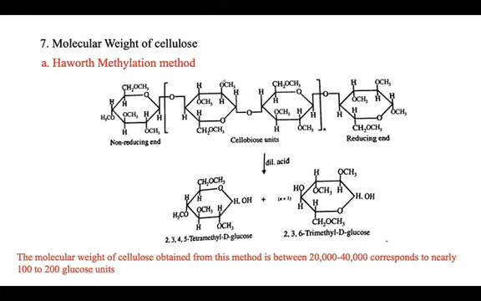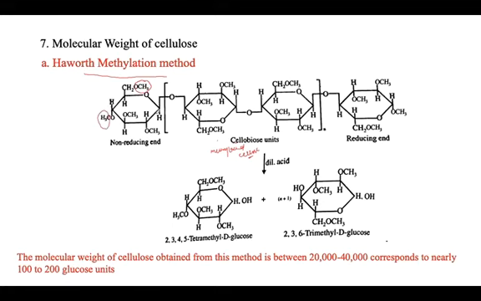One of the important methods that has been used is Haworth methylation method. In that case, we are using methylated cellulose. When we say methylated cellulose, all of the free hydroxy groups have been converted into ether linkage, OCH3, the methyl group has been added there.